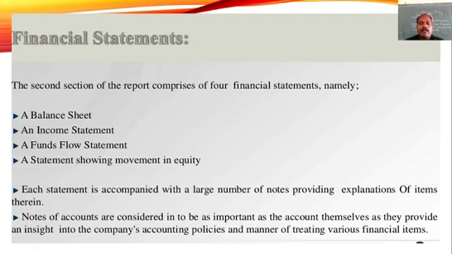So the funds flow statement as well as the cash flow statement. They have given four important statements. Each statement is accompanied with a large number of notes providing explanation of the items therein. So each statement gives a large number of notes because more explanation should be provided on what items it includes.